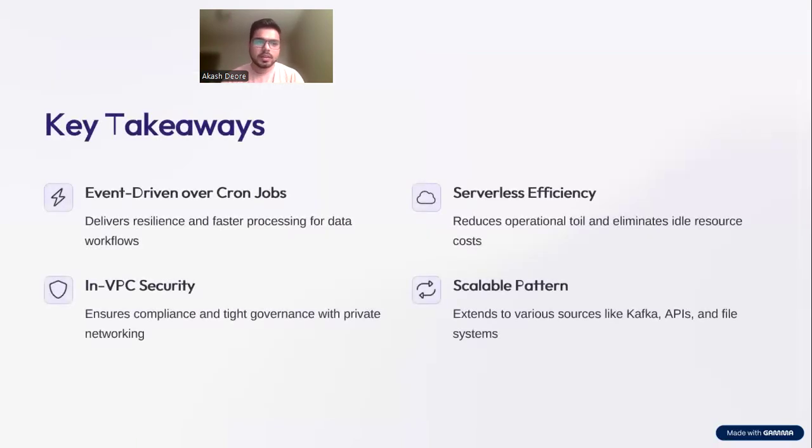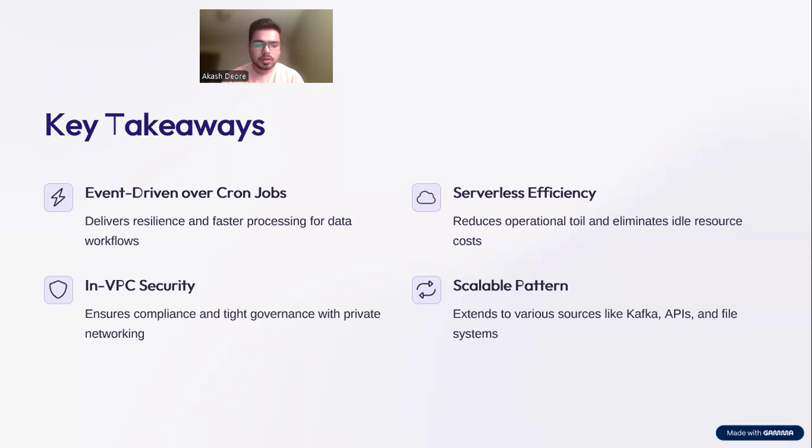So my takeaways from this architecture are very simple lessons. First one is event driven over cron jobs. Events are immediate, scalable, and self-healing. So event-driven beats cron jobs is what I have learned.